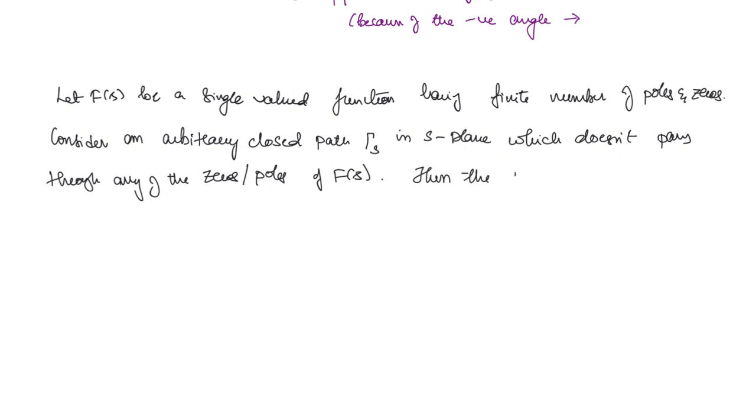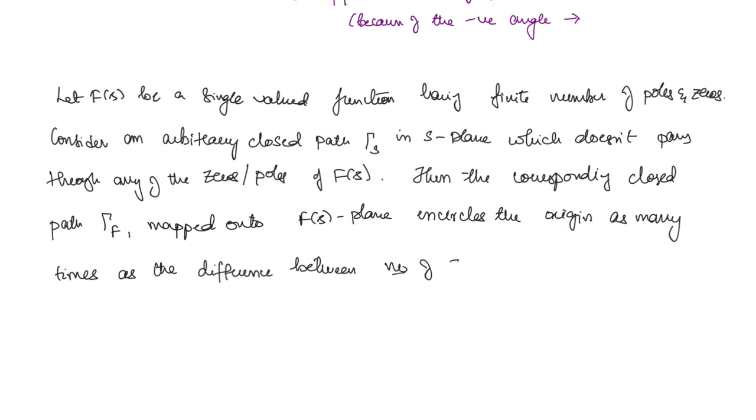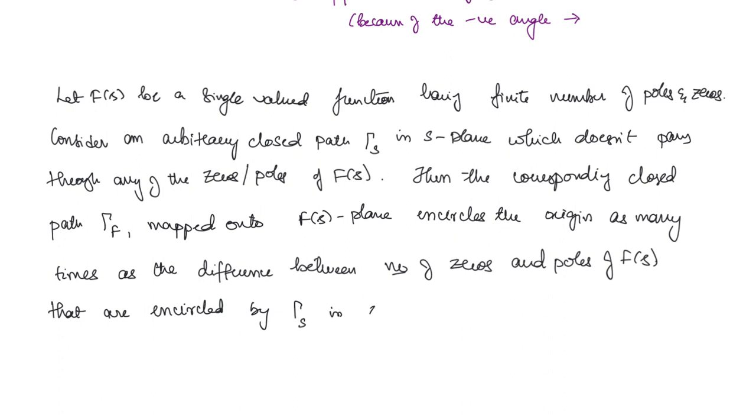Then the corresponding closed path gamma f mapped onto the f of s plane encircles the origin as many times as the difference between the number of zeros and poles of f of s that are encircled by gamma s in the s plane.